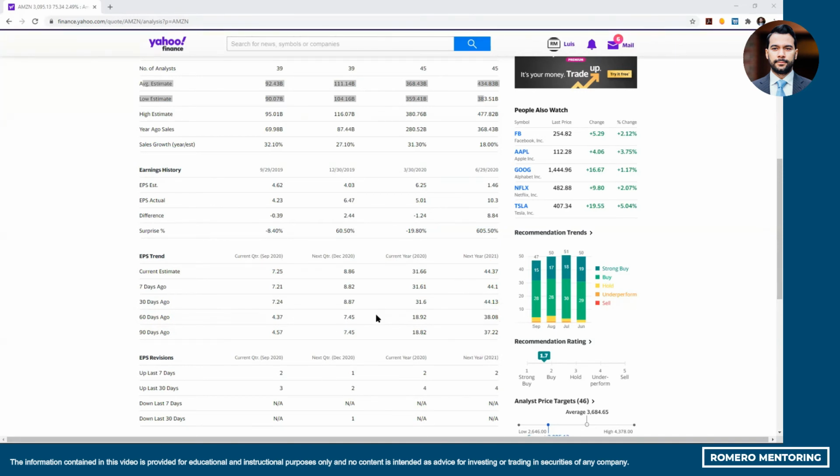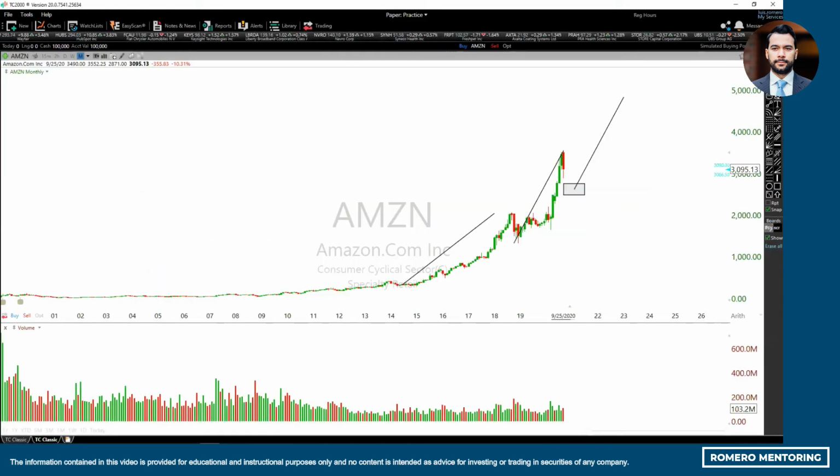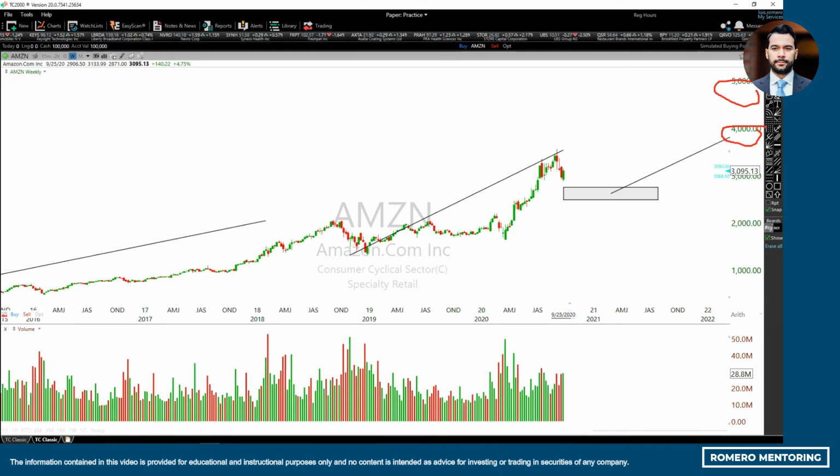and the economic environment that we're in favors Amazon. And when you apply technical analysis and look at the chart, you can make the argument that, hey, look, the stock can definitely come to $4,000 and even potentially $5,000. So I'm in the camp that temporarily, short term, the stock can still come down to maybe this area right here.